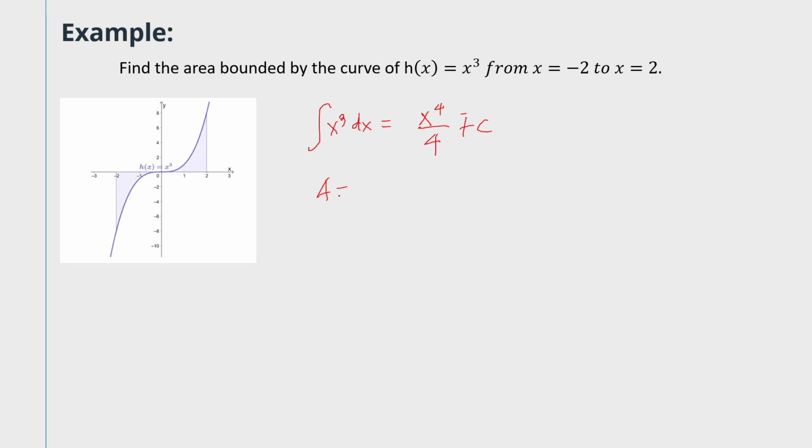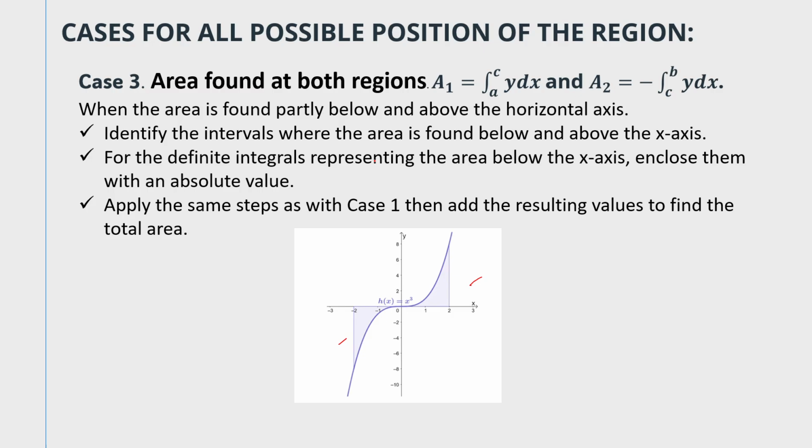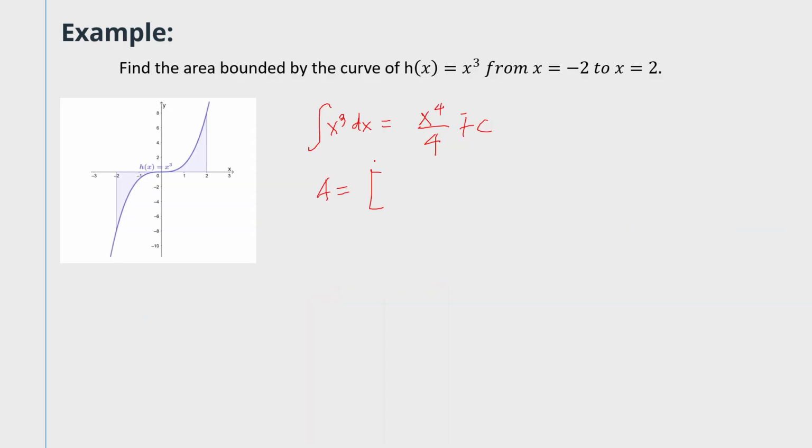So the area now is equal to, it's stated in case number 3 that after identifying the integrals, for the different integrals representing the area below the x-axis, enclose them with absolute value. Apply the same steps as case 1, then add the resulting values to find the total area. So we need to take the absolute value.